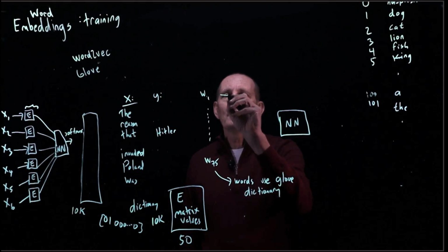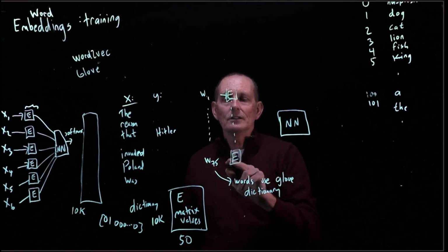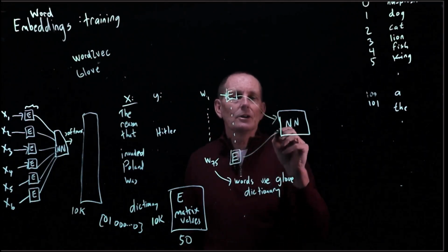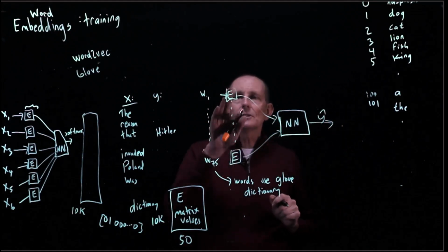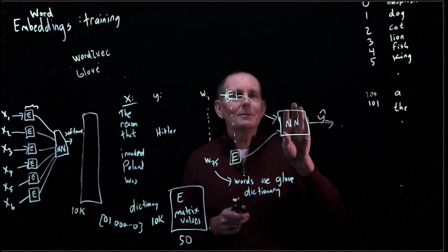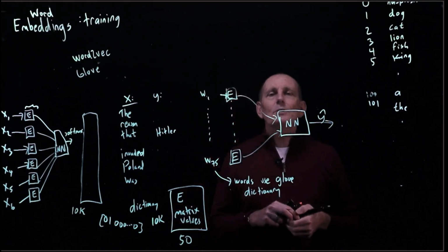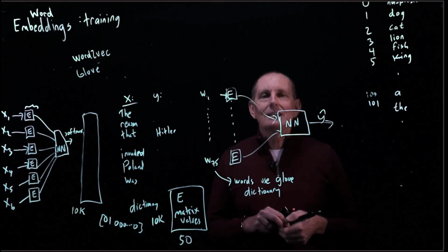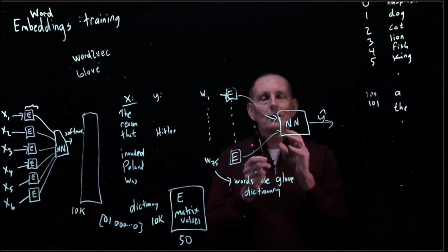And then we'll go ahead and use this embedding matrix, feed all these words into the embedding matrix, and feed that into our neural network. And out of this, we'll get our YHat. Because we're using this embedding matrix, it's going to be extremely easy for this neural network to understand that happy and elated and perhaps excited and some other words like that are closely related to one another.